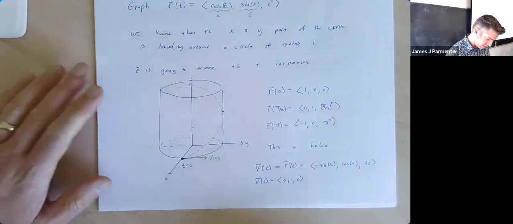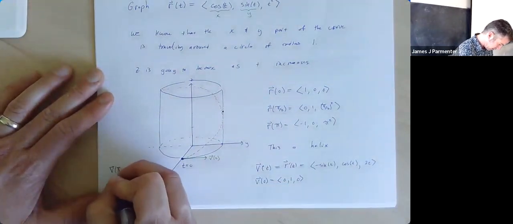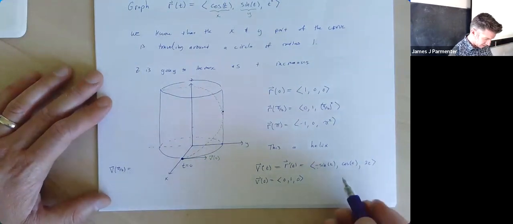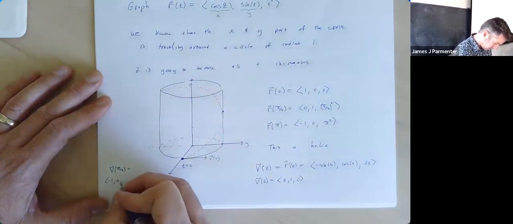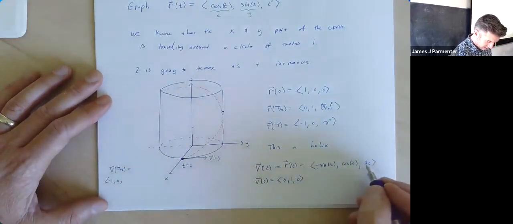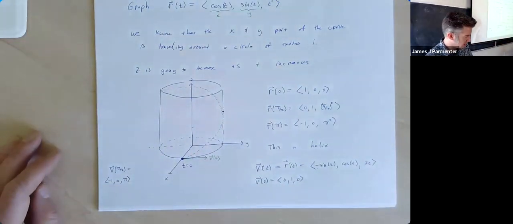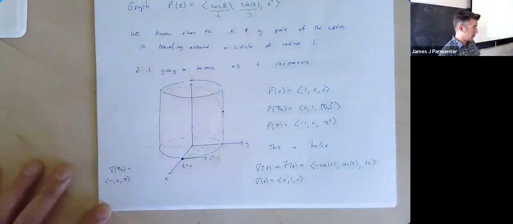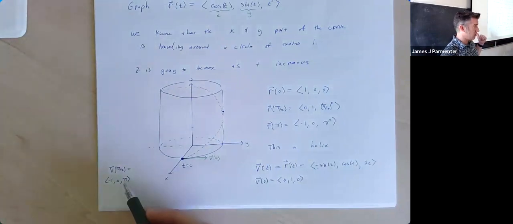And at time equals, say, pi over 2, the velocity is going to equal, well, negative sine of pi over 2 is -1, cosine of pi over 2 is 0, and 2 times pi over 2 is pi. So now my velocity vector is pointing in the negative x direction, so back away from us, and upwards as well.